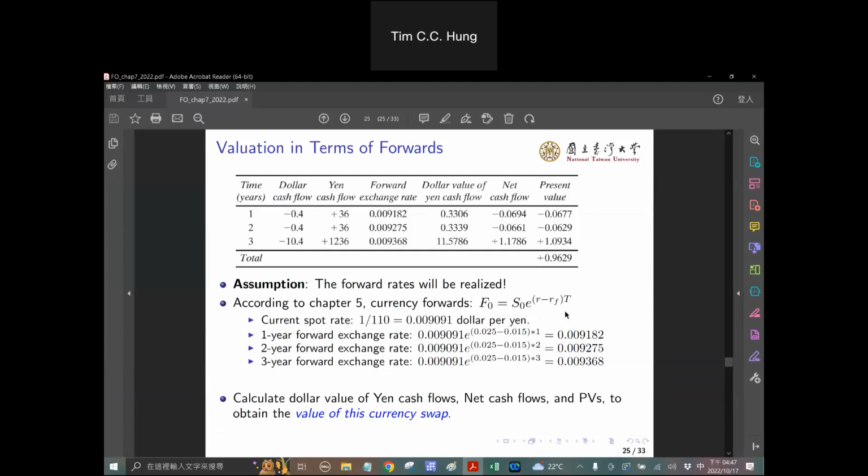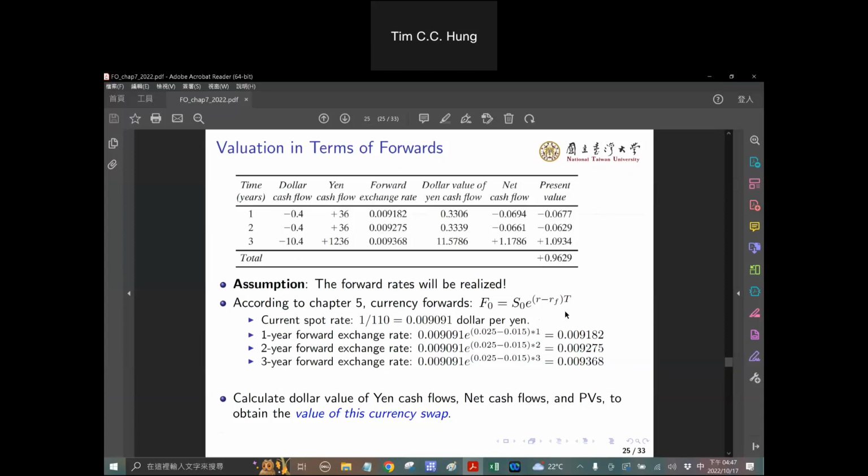We can do the same calculation for the yen cash flows in 2 years using the forward exchange rate. And we have the last 1,236 million inflow in 3 years multiplied by the forward exchange rate. You know the current value in terms of US dollars of this inflow.